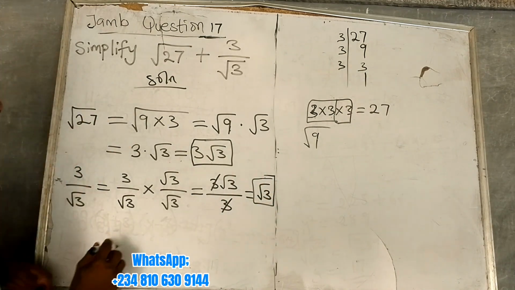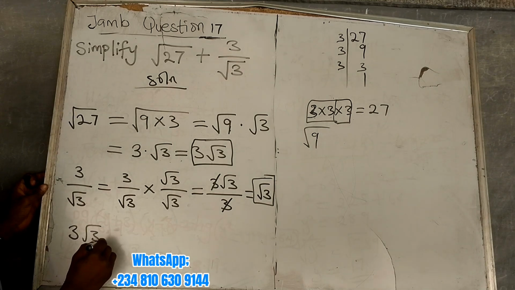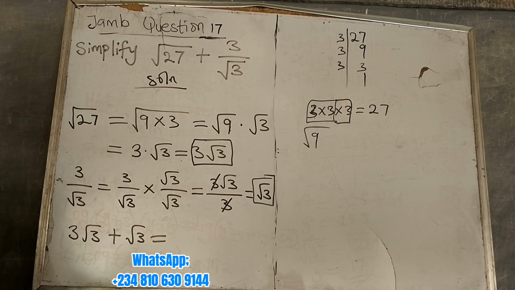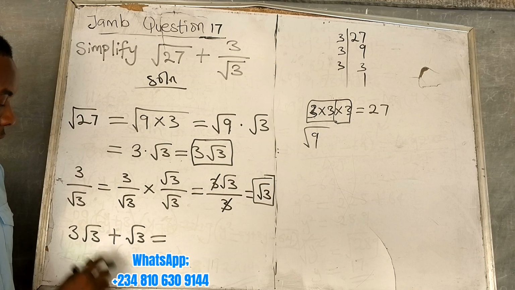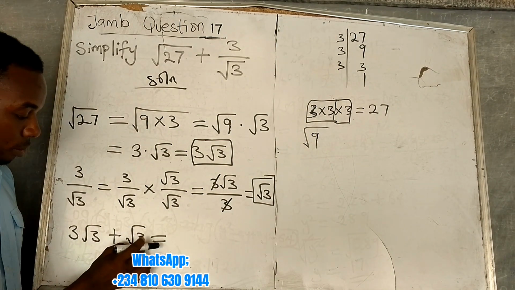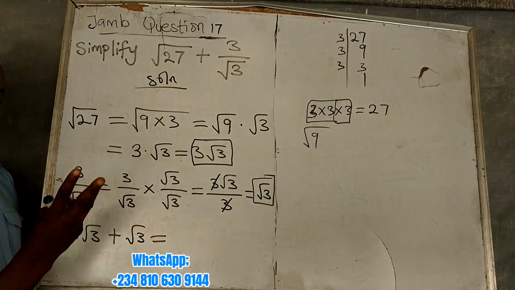So we can then add both of them together, which is 3 root 3, right, plus root 3. Now, simplify it. How do you simplify it? Very simple. Now, here is 3 root 3 plus root 3. Now, this root 3 is just 1 root 3, while this one is 3 root 3, right?